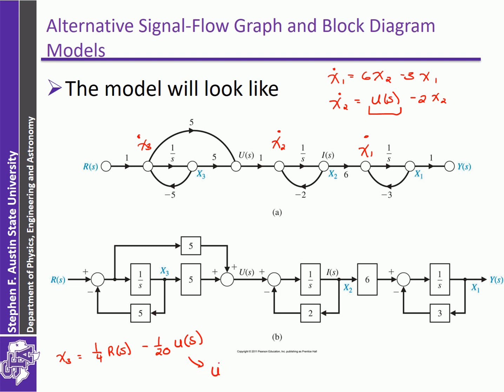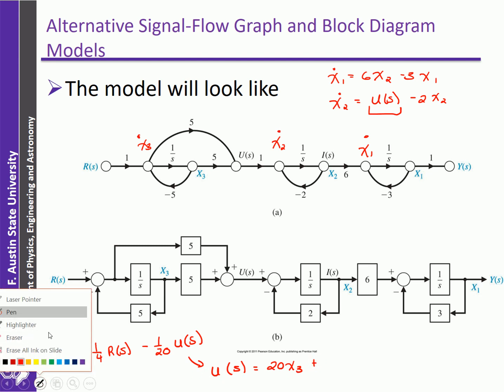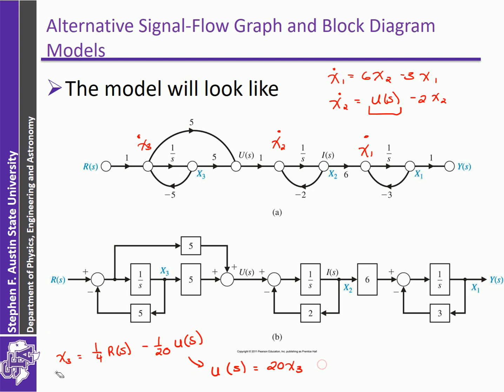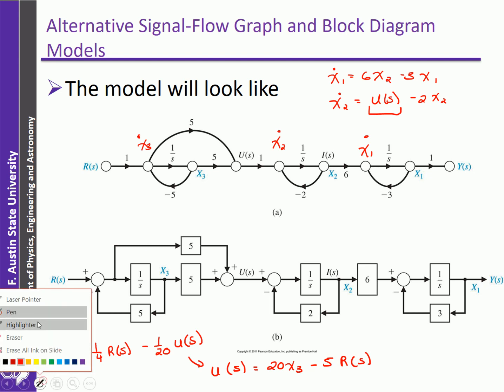Basically, we said that u of s will be equal to 20x3 minus 5 r of s. So we can use that and substitute u here in this expression.